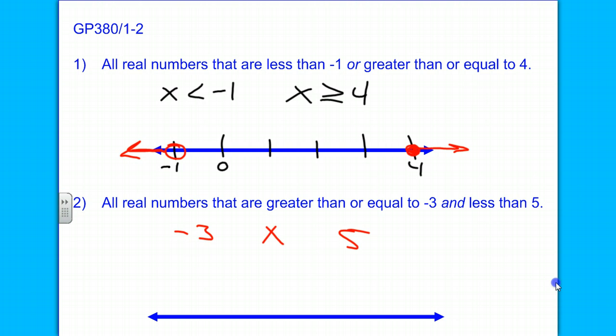So you do x is greater than or equal to -3, and you do x is less than 5. Good. And when you have this in order from least to greatest, your inequality signs will always kind of progressively grow like that. They'll look like less than signs, like that. Okay? So, or less than or equal to, like we have here, right?